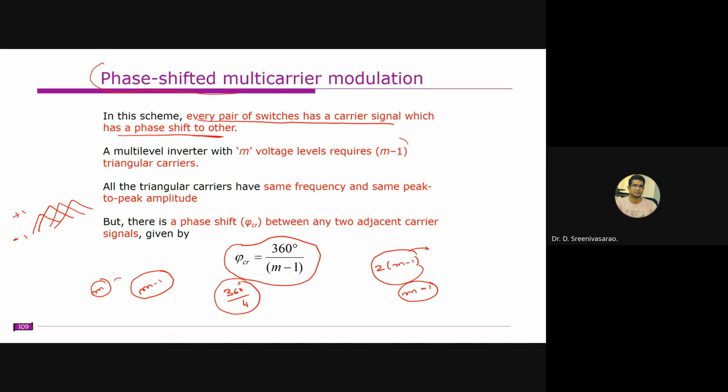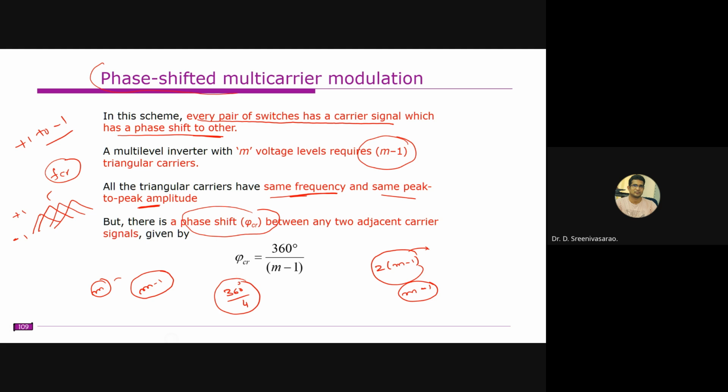You require M minus 1 triangle carriers, and all of them have the same frequency, FCR, and the same peak to peak value, varying from +1 to -1. But we need to maintain a phase shift between any two adjacent carriers.